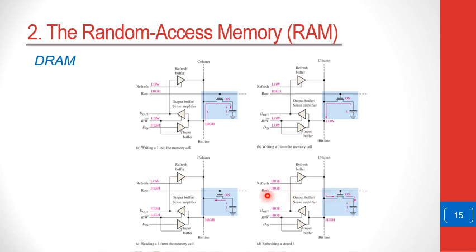From time to time, the row select will be high, and then a 1 will be on the refresh buffer, and that 1 will begin to recharge the capacitor, because now the MOSFET will be open because of this row that's high, and this will restore all of the charge that has been stored to make sure that the 1 remains in the memory cell.